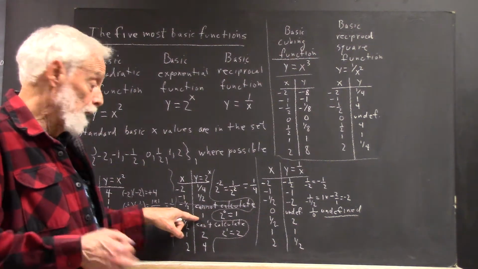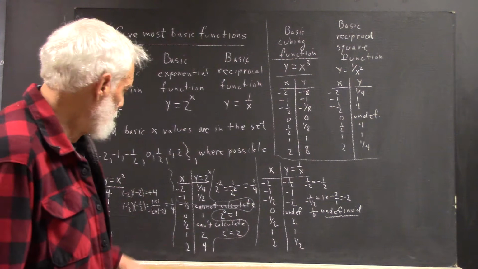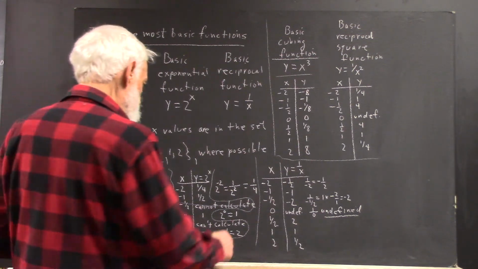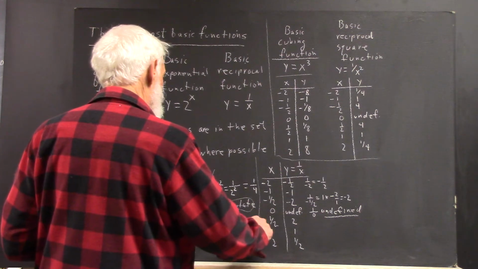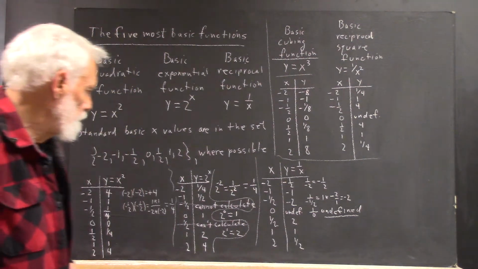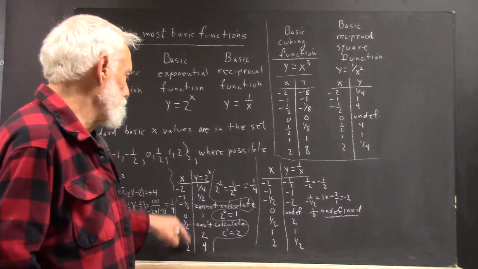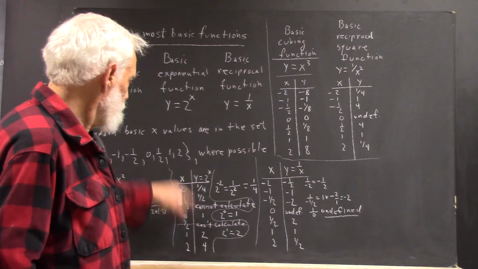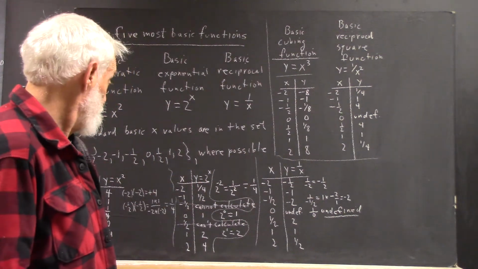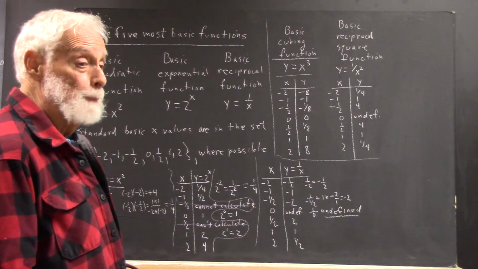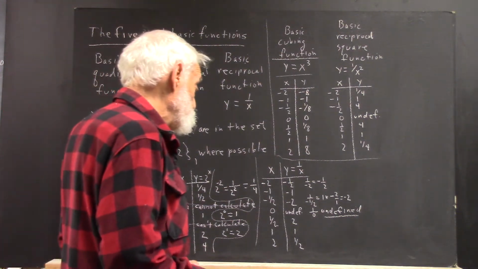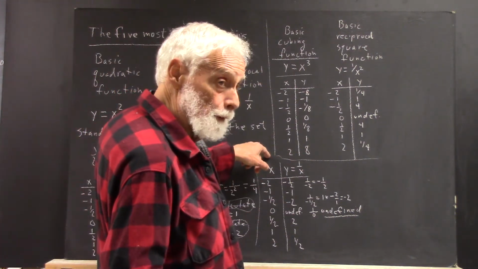I talk a lot about that in the more detailed videos. So 2 to the 1/2, again, you can't calculate it. Okay, 2 to the 1 is 2, 2 to the second power is clearly 4. So there's our table for the basic exponential function.